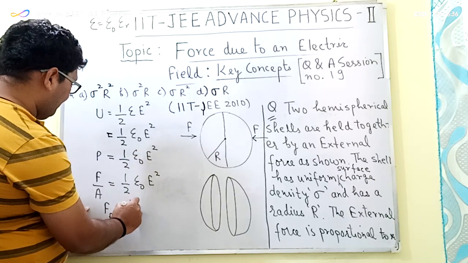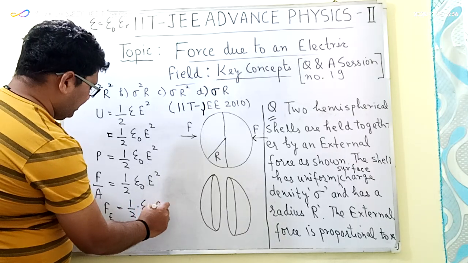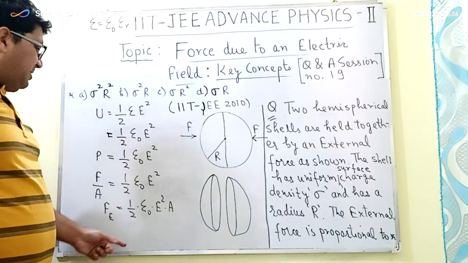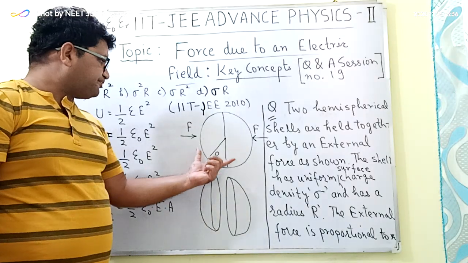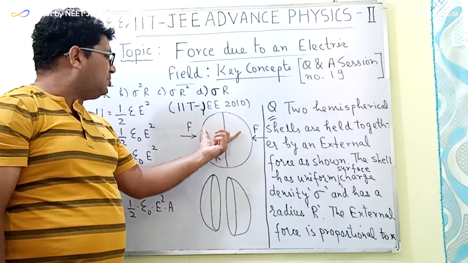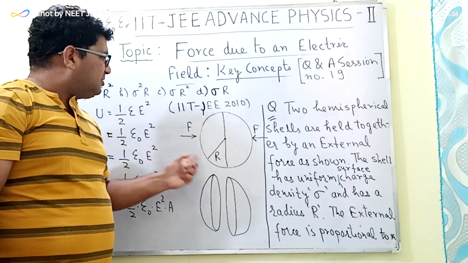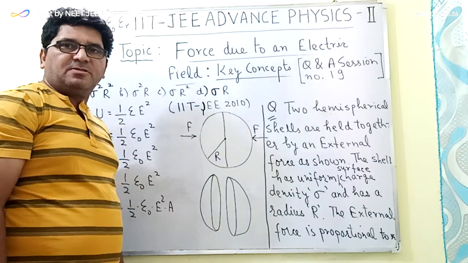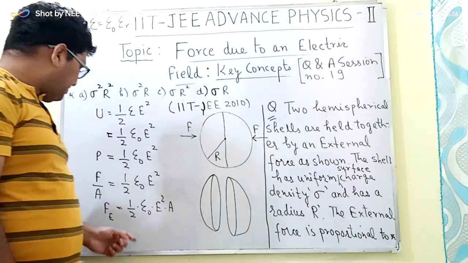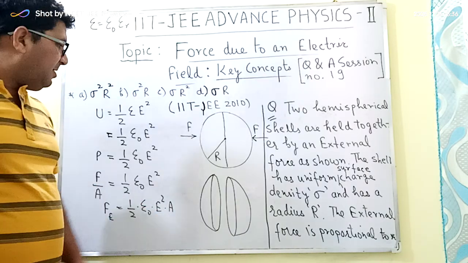So this is equal to 1 by 2 epsilon naught E square into A. That is the electrostatic force experienced by these two hemispherical shells due to the uniform distribution of charge which is residing on the surface of it.